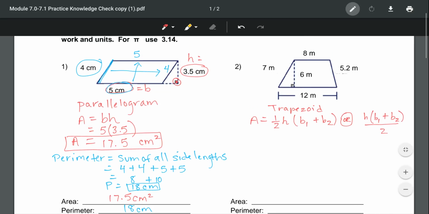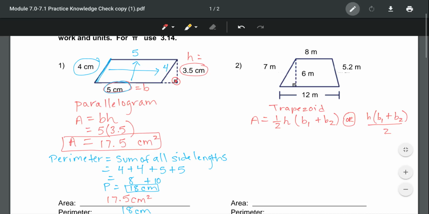With a trapezoid, we have a height which is perpendicular to both bases, and the bases are parallel to each other and also different lengths. The two bases are perpendicular to the height, which is 6 meters. So the height would be 6 meters, base 1 is 8 meters, and base 2 is 12 meters.